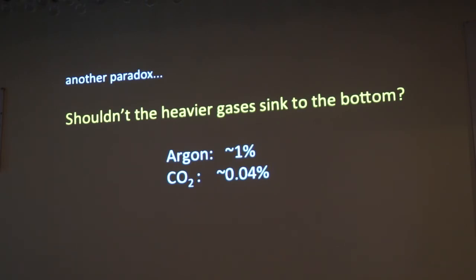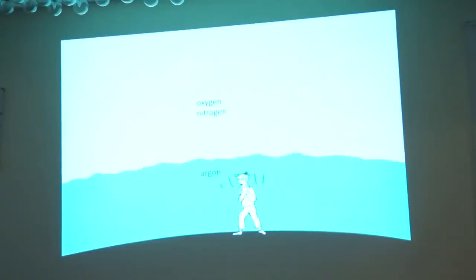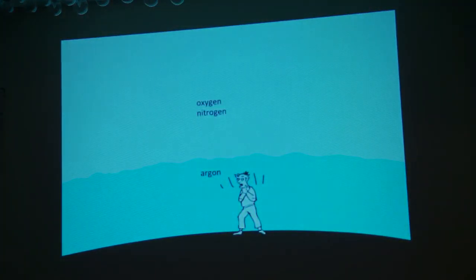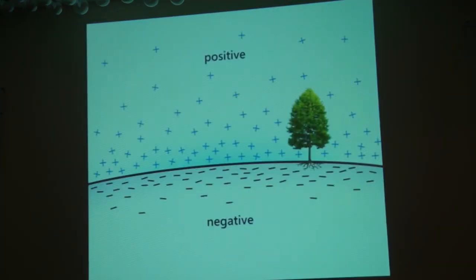So after a few billion years, even though wind is mixing, there should be a tendency for the heavier ones to settle at the bottom. That's a paradox from considering the weight and density of the molecules. It's simpler to think that the positive sticks to the negative, and so effectively the atmosphere is glued to the Earth.